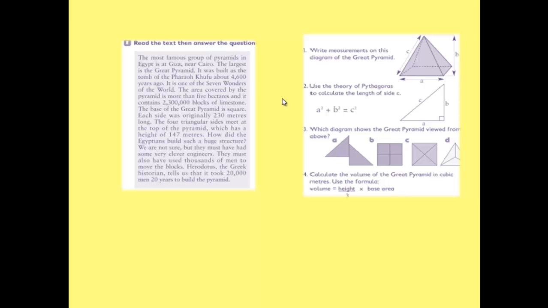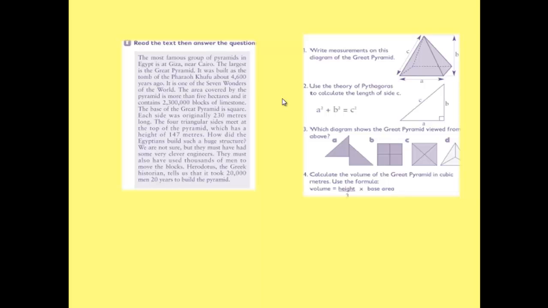How did the Egyptians build such a huge structure? We're not sure, but they must have had some very clever engineers. They must also have used thousands of men to move the blocks.